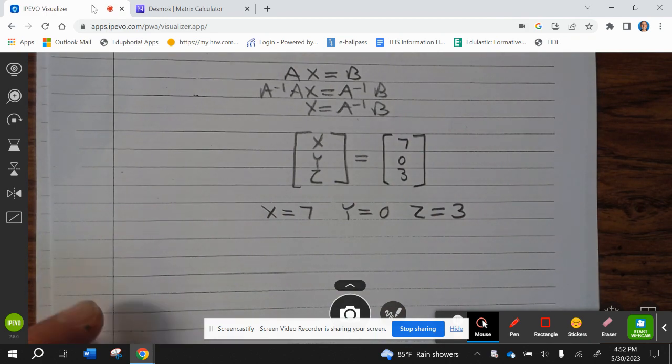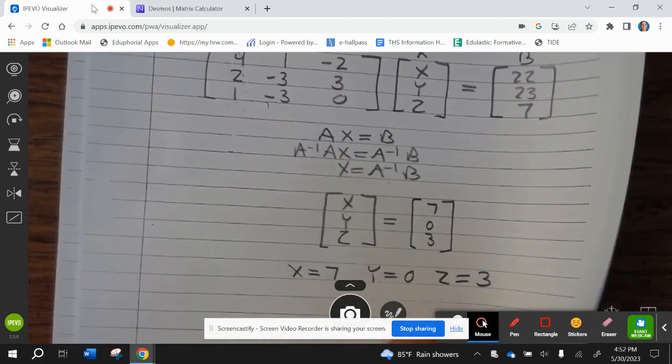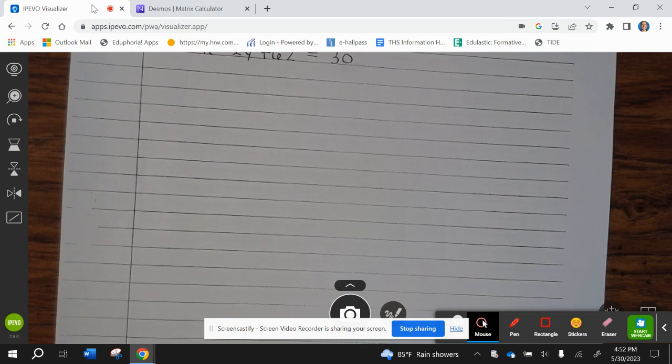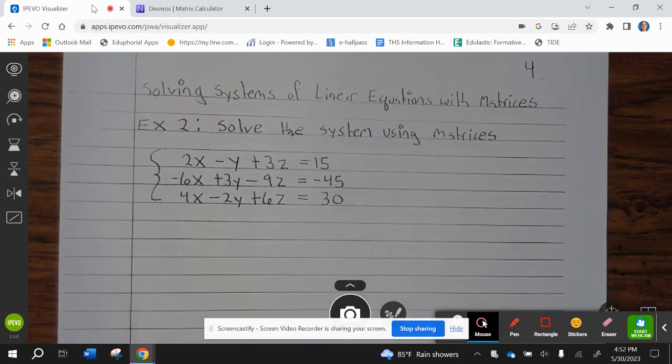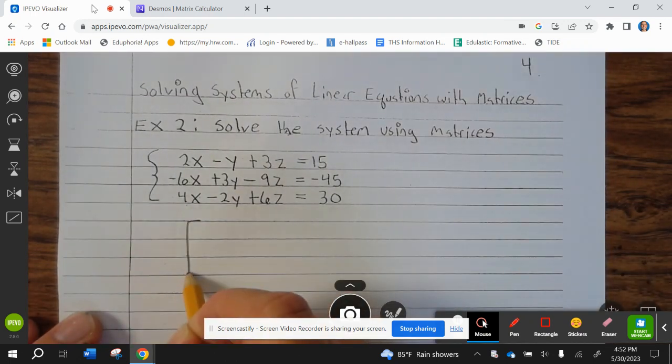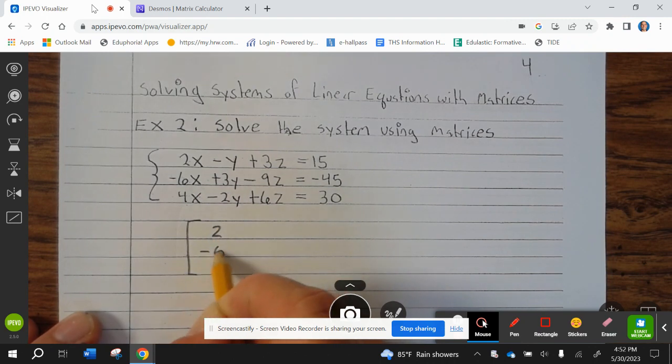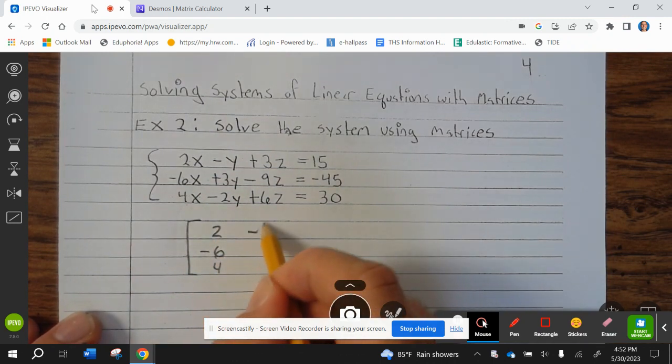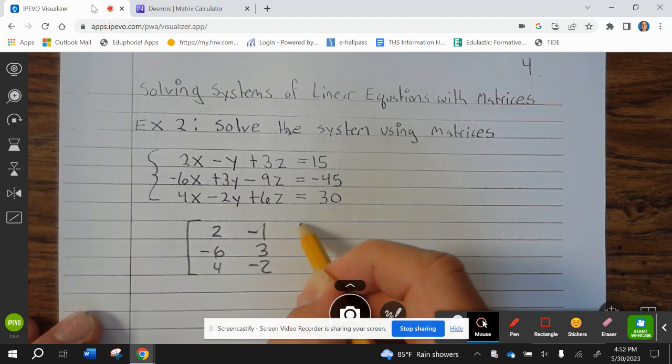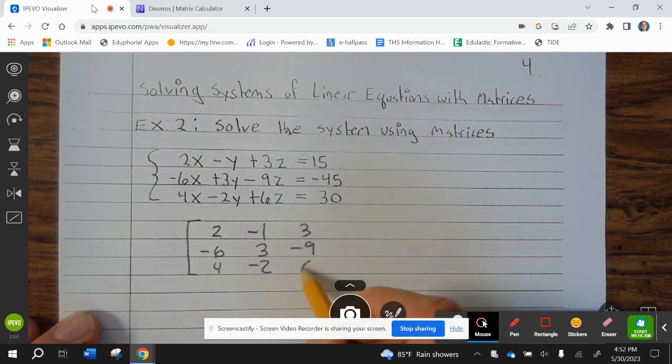All right, let's take a look at the next example. Example 2. Again, we're going to convert this to a matrix. So that's 2, negative 6, 4, negative 1, 3, negative 2, 3, negative 9, 6.